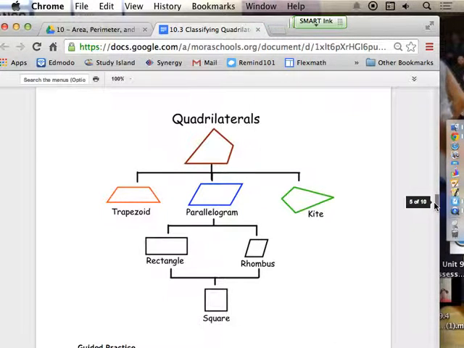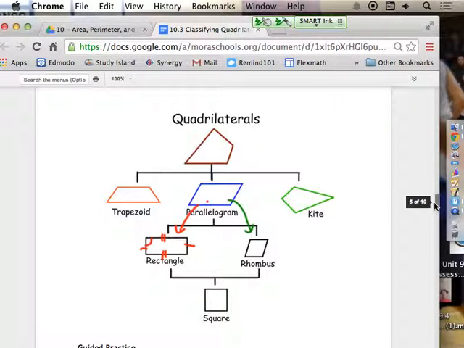Okay, then we go down to their relatives down here. A parallelogram turns into a rectangle if it has 90-degree angles. Opposite sides are parallel. They don't have to be equal, but the biggest key, the difference between these two, is the 90-degree angles in the corner. Rhombus. A rhombus is a relation to the parallelogram.